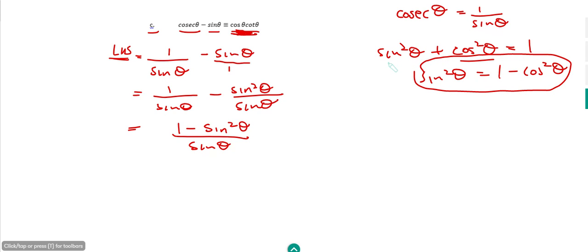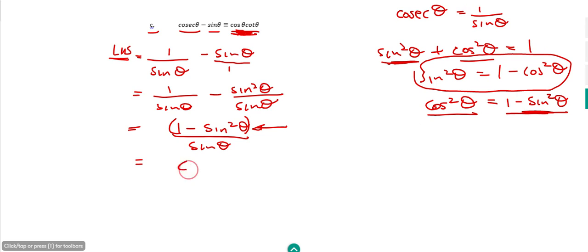I'm going to take away the sine squared theta, so I get cos squared theta equals 1 minus sine squared theta. And that's handy because I can replace the 1 minus sine squared theta there and put it over sine theta. So I'm going to rewrite this 1 minus sine squared theta as cos squared theta, so that's cos squared theta over sine theta.